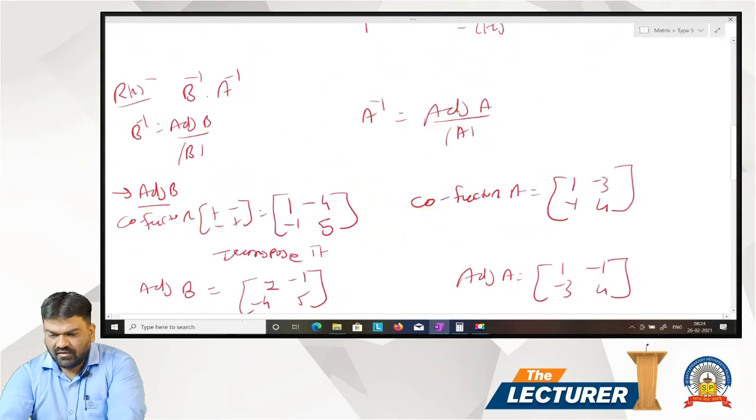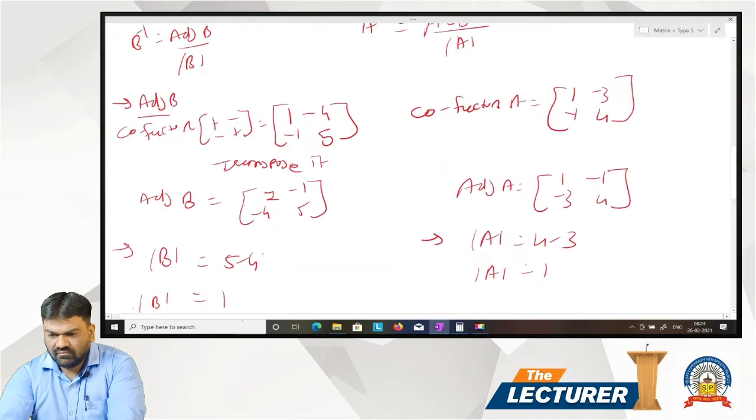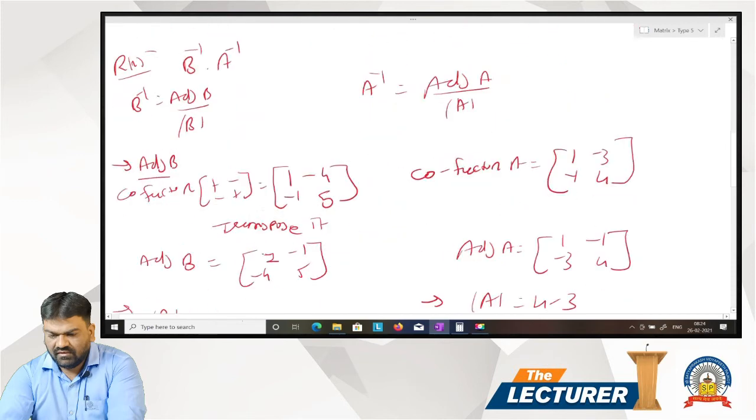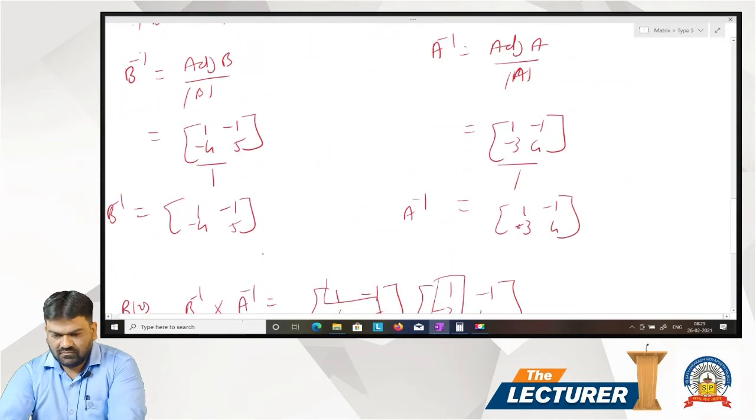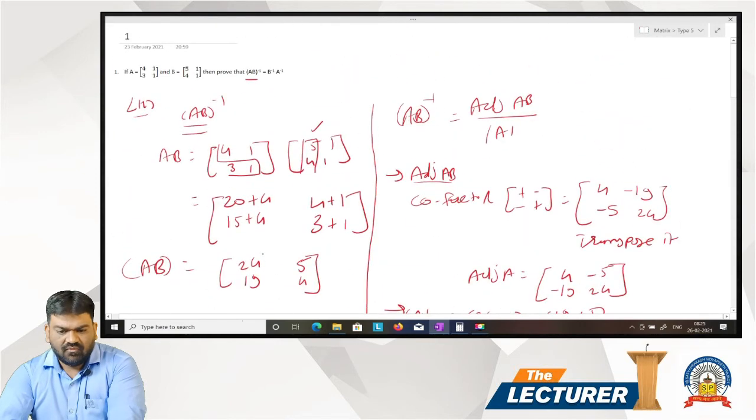Left hand side, [4 -5; -19 24]. Now checking by multiplying [4 1; 3 1] and [5 1; 4 1]: 4 multiplied by 5 is 20, 4 multiplied by 1 is 4, 24. 3 multiplied by 5 is 15, 4 multiplied by 4.